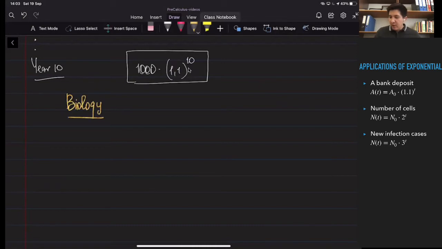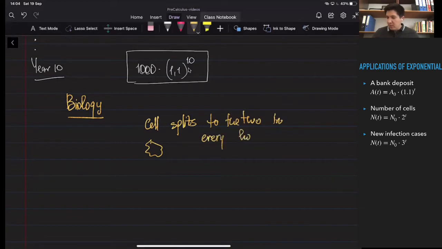Let's say you've got a cell which splits into 2 every hour. So the cell splits into 2 every hour. Basically, in the beginning, you've got just 1 cell.